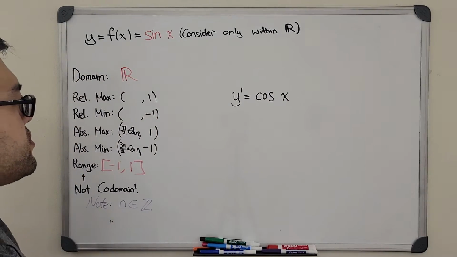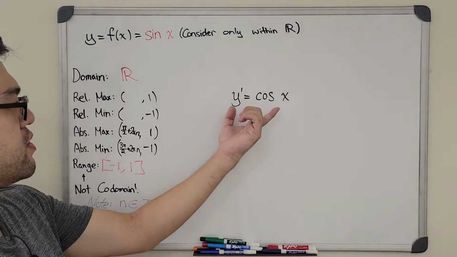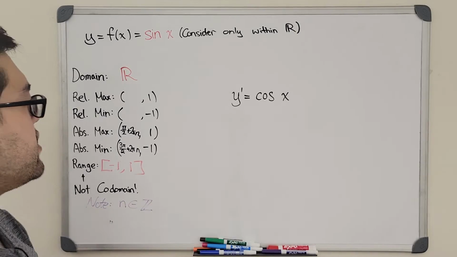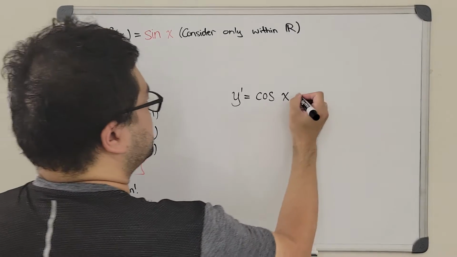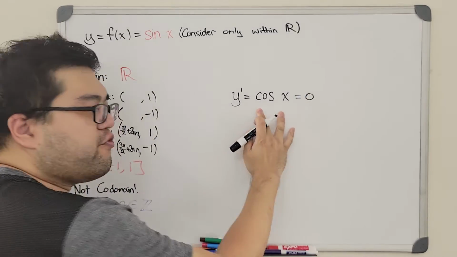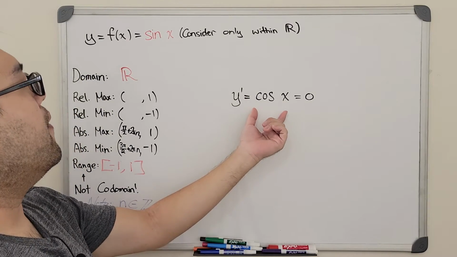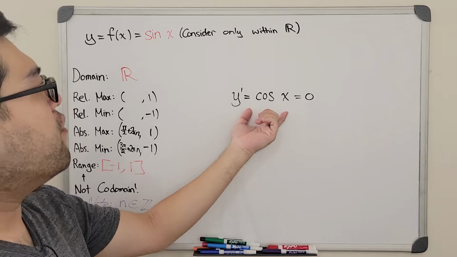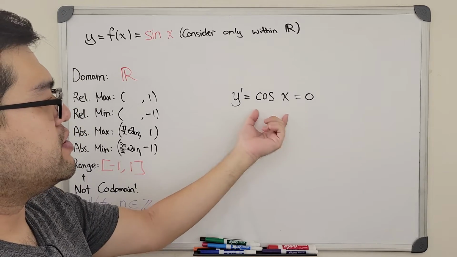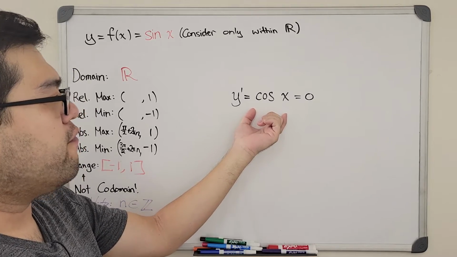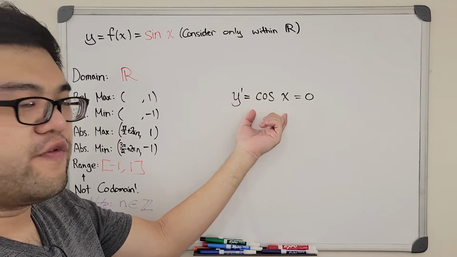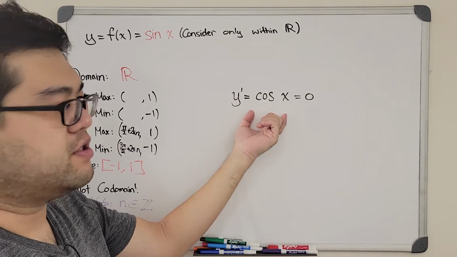So we have the cosine of x, and we are now going to set this equal to 0. And for Calc 1 students, you probably don't know the derivative of the trig functions yet, so this is actually a spoiler for something that you will first learn in Calculus 2.